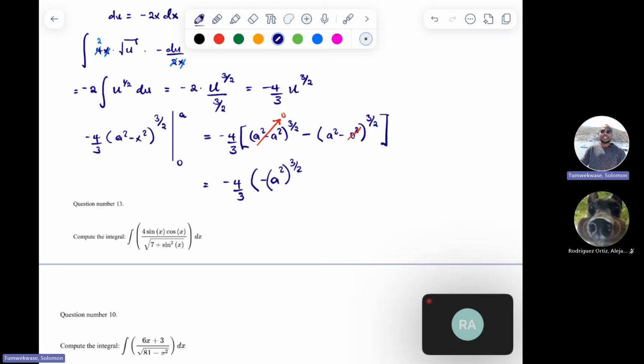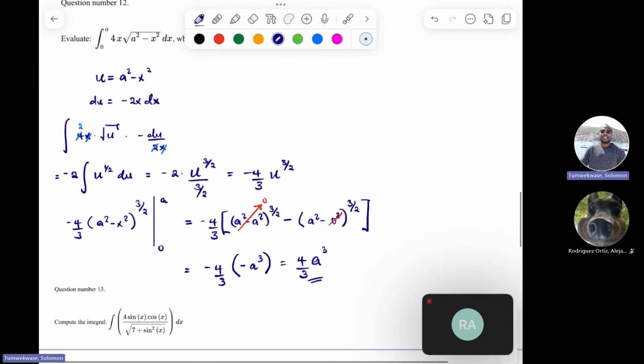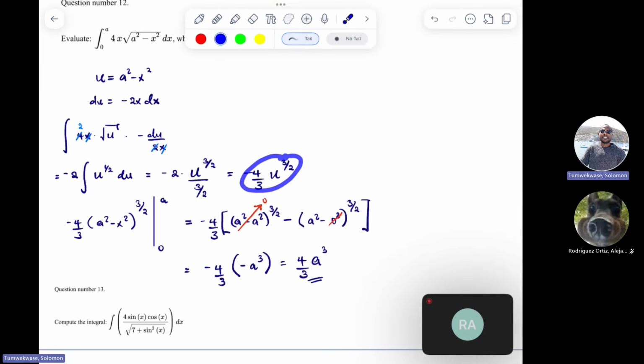So this guy here is the same as negative a cubed, and when those two negatives multiply with each other, I'll have a positive 4 over 3 then times a cubed. Now that is when I chose to change my final answer back to the variable x.